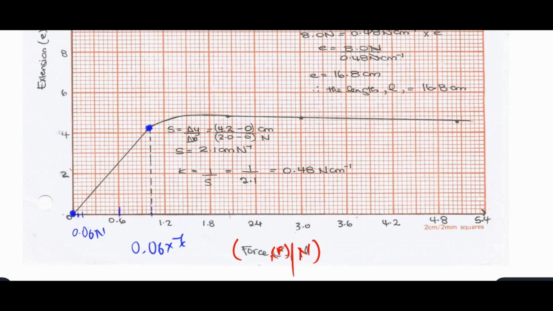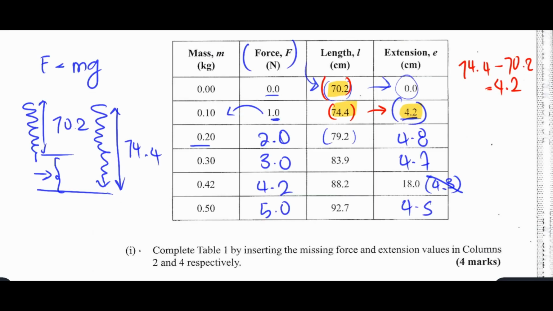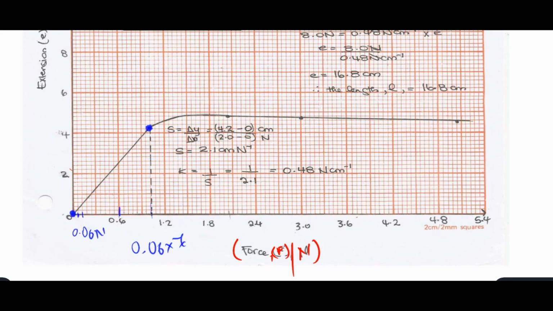Now the next one would be 2 to 4.8. So 2 is around right here, just as how I had found that value for 1 right here. Did the same thing for this and brought it to 4.8. How do I know that this is 4.8?